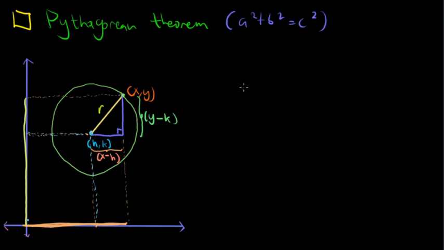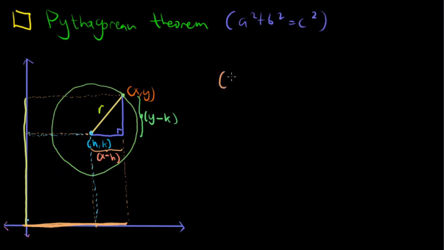Let's try it on this side. So sabi, the sum of the squares of the sides. Ito ang sides natin. X minus h and y minus k. So meron kang, let me use the same color na ginamit natin dito.